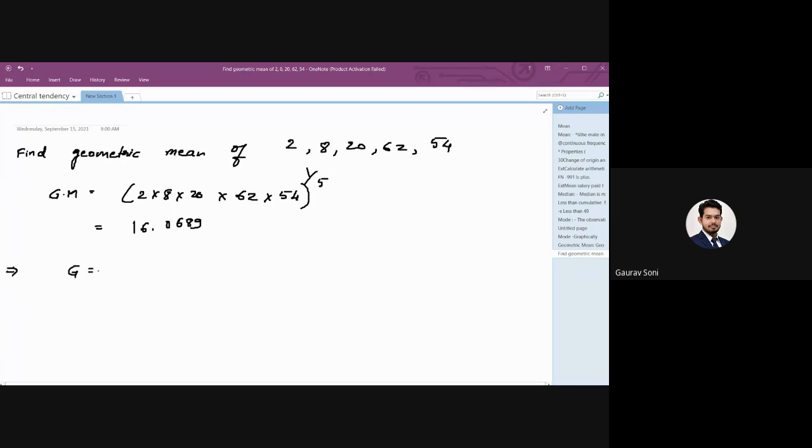So G is equal to, if I take log on both the sides, what is the formula? G is equal to product of xi's raised to 1 upon n. So if I take log on both the sides, what I will have is 1 upon n log of product of xi's.